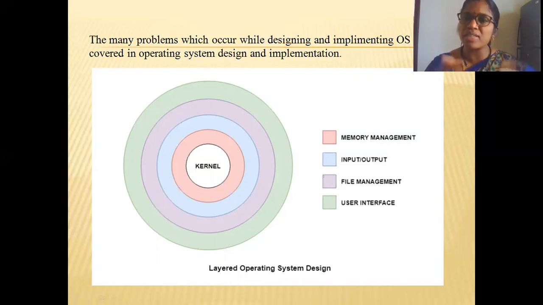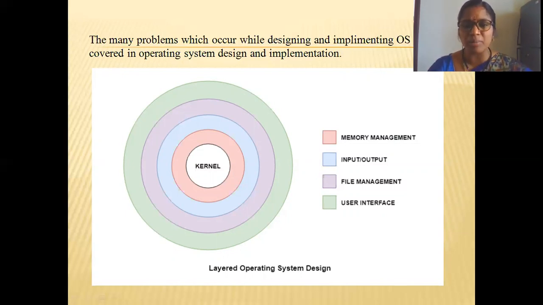In different scenarios, your operating system works in different ways. So while designing, the developer has to handle all these kinds of issues. This is all handled in the design and implementation.